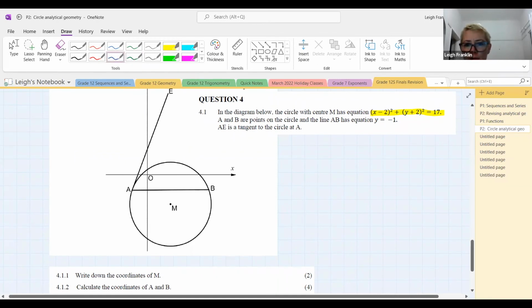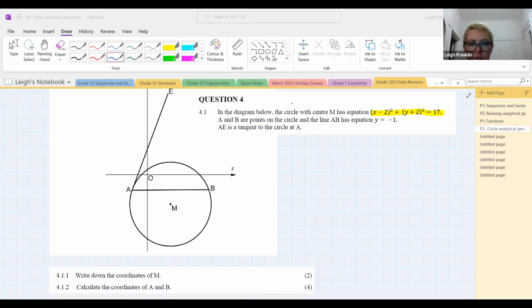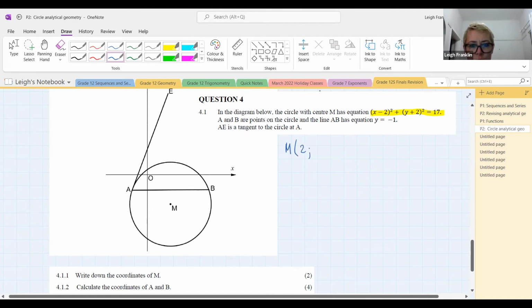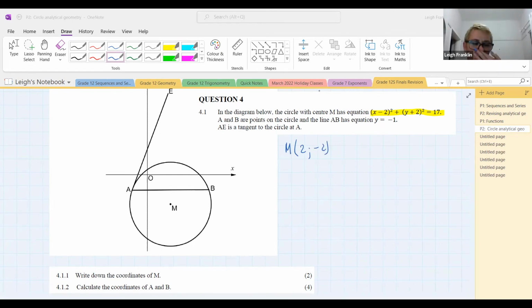So the coordinates at M have to be positive 2 for x and negative 2 for the y coordinate. And of course, M is a point in the fourth quadrant, so that makes sense to us that it would have the coordinates 2 and negative 2.